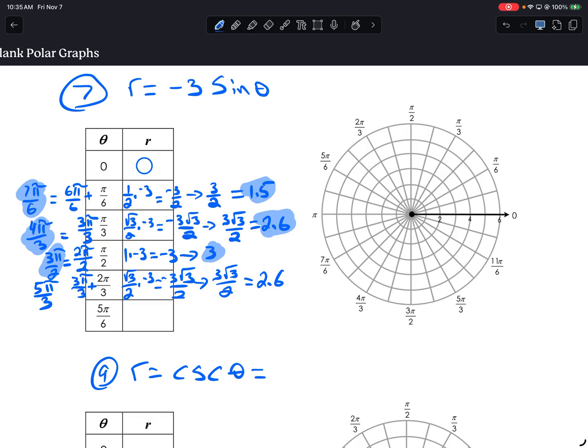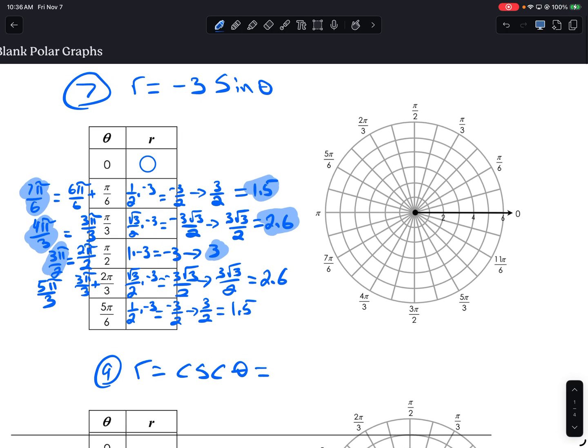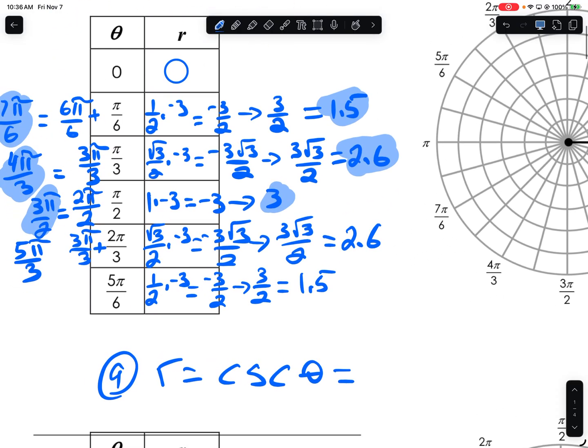So I go 5 pi over 6 is 1/2. We multiply that by negative 3. We get negative 3/2. And then we switch that to positive 3/2. That decimal equivalent is 1.5. And then what do we add to 5 pi over 6? 6 pi over 6.